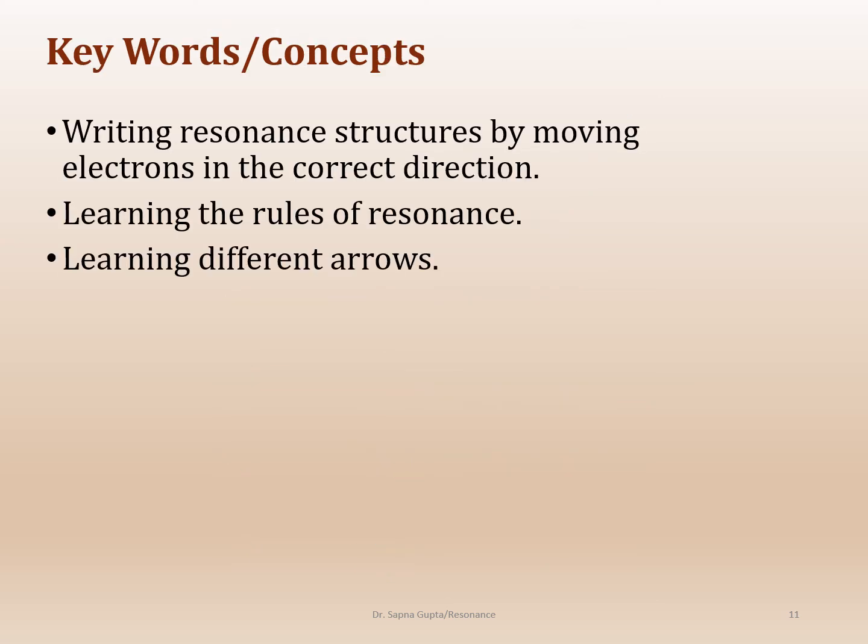So what you should learn from this PowerPoint presentation in this lecture is, of course, you should be able to write all the resonance structures out, be able to move electrons around, be able to identify structures that, okay, these two are resonance structures. And then using all those rules that I went through, that you can't move atoms, you can't move single bonds, things like that.